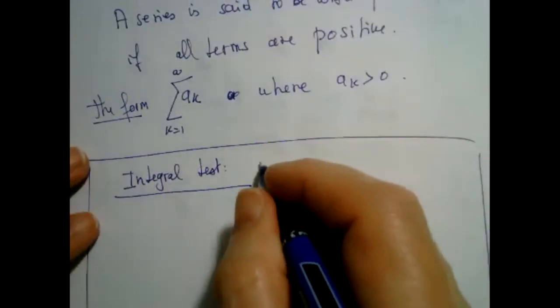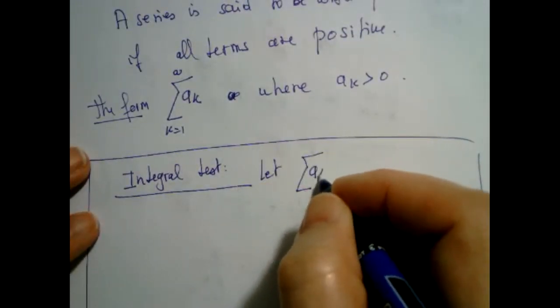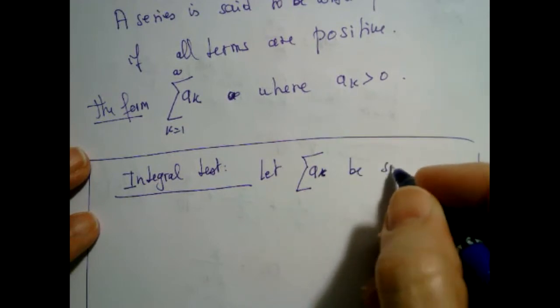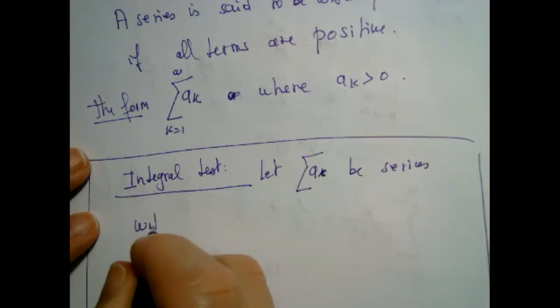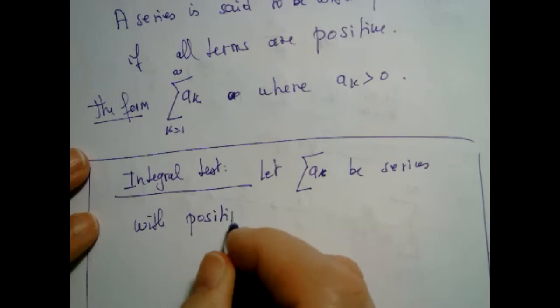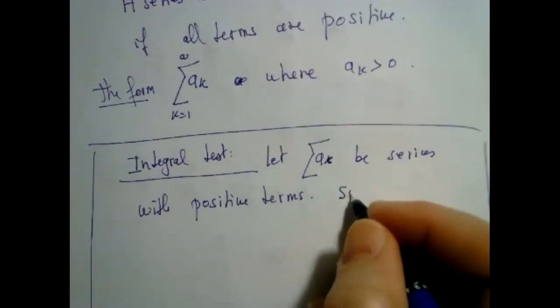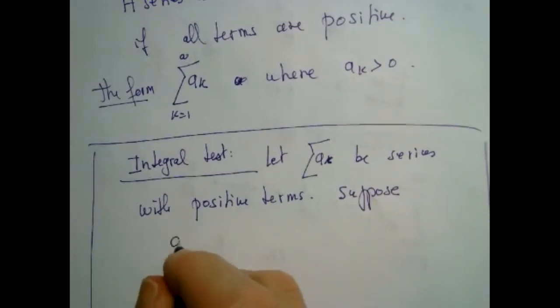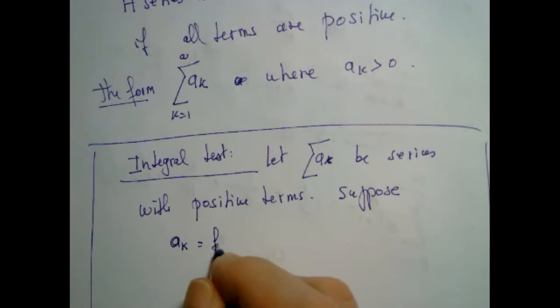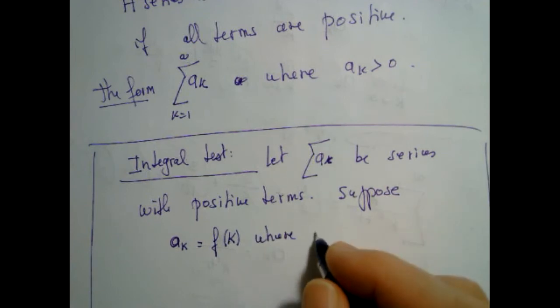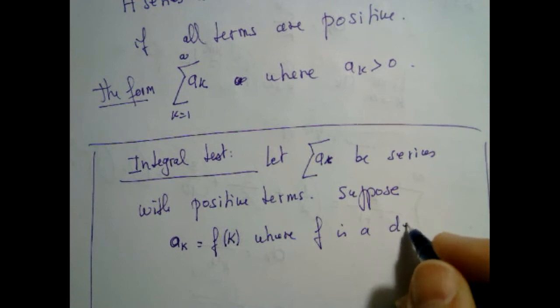Let sigma a_k be a series with positive terms, and let f be a function such that a_k is the value of the function at k, where f is a decreasing function.